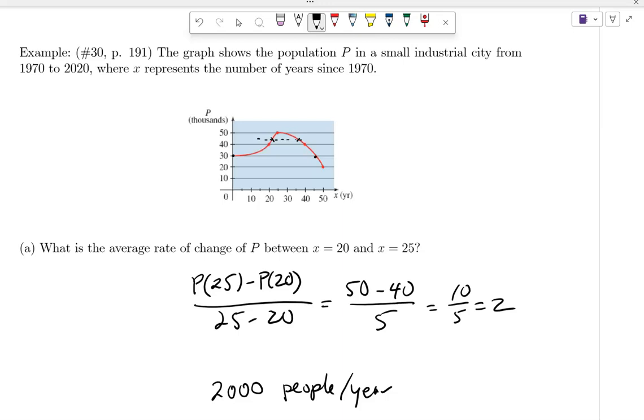So from 1970 to 2015, that'd be another one, a little bit easier to read off the graph. But anytime you've got a horizontal line that intersects in 2 points, that tells you 2 places where the outputs are the same. In those 2 places, the average rate of change is 0. That's what that says.